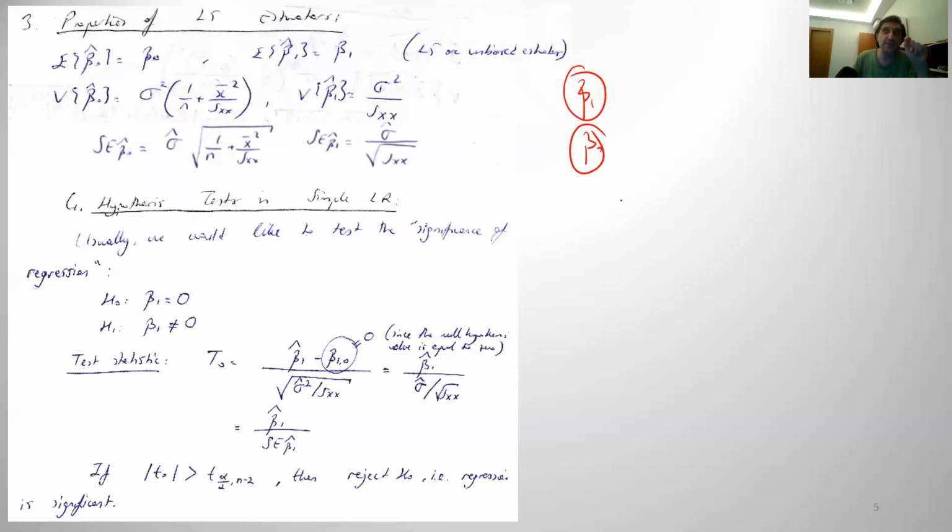But among all the possible, infinite number of hypotheses that you can write, there is actually a special one. It is this one. What is so special about this hypothesis test? Remember our single variable model.